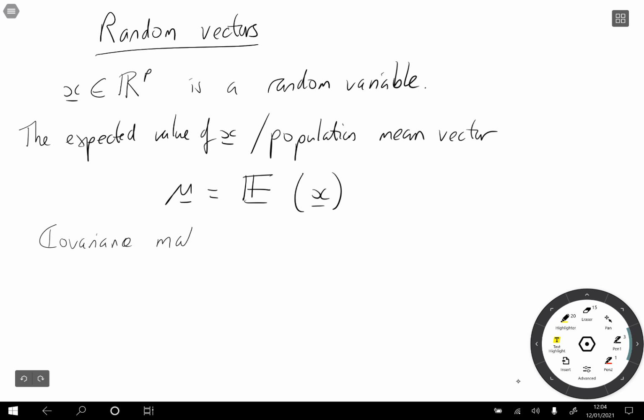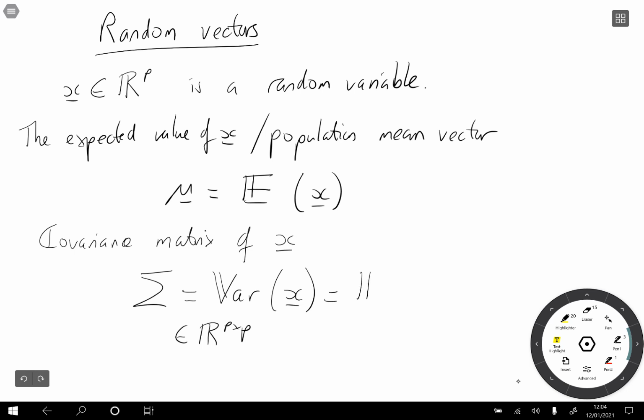Similarly, we can define the covariance matrix of a random vector x, and we're going to call that most often sigma. So we write sigma is the variance of the vector x, and this is a matrix in R^(p×p).